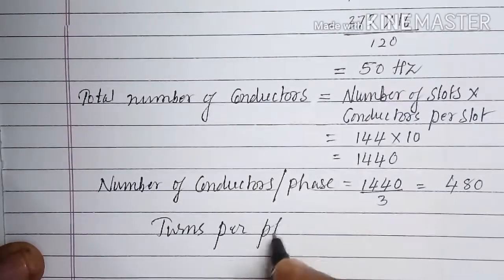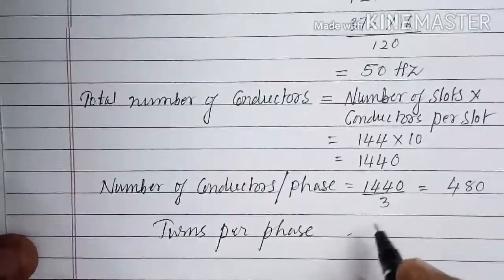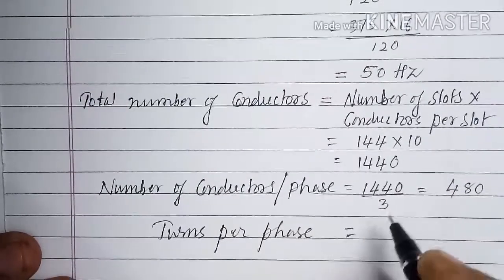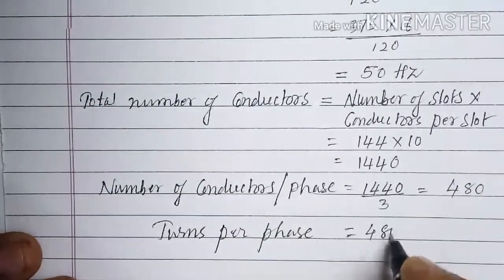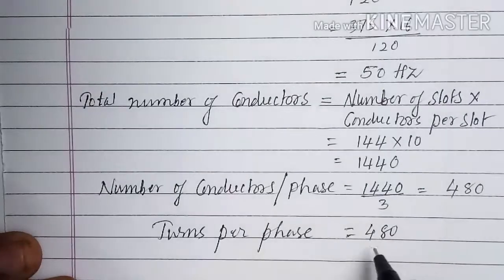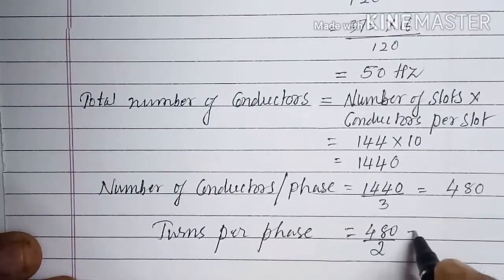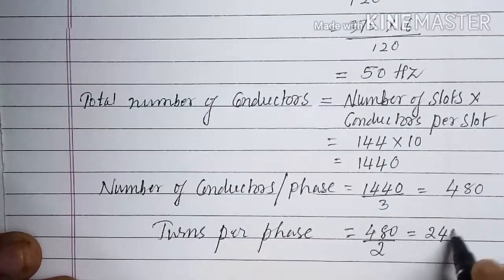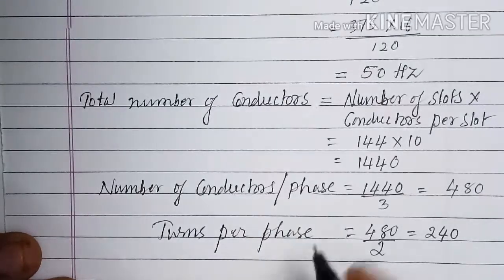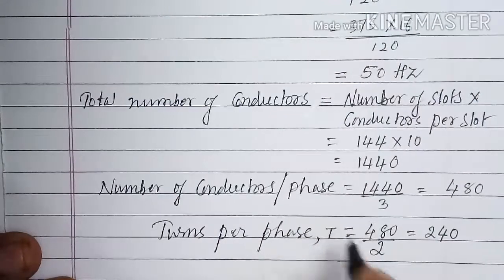Turns per phase is equal to 480 divided by 2, that is 240. Symbol for turns per phase is T.